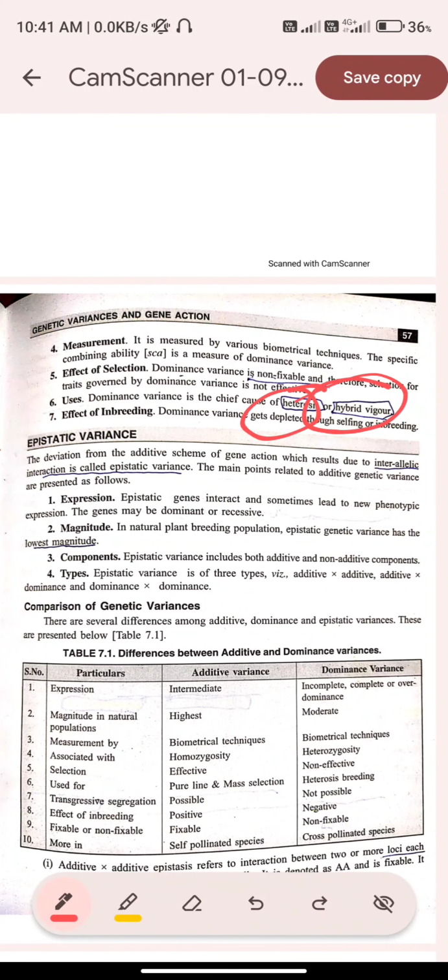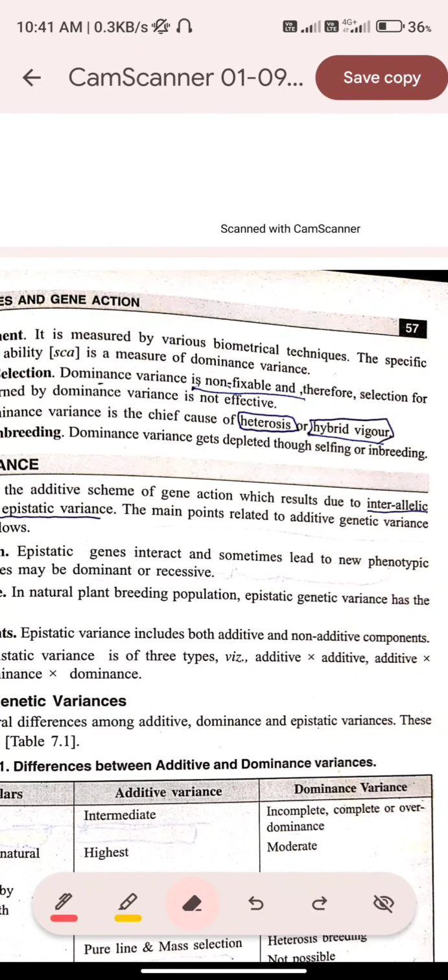Now another major effect of dominance variance: when there is a dominant variance in any crop and you are going for selfing or inbreeding, then it is called inbreeding depression.